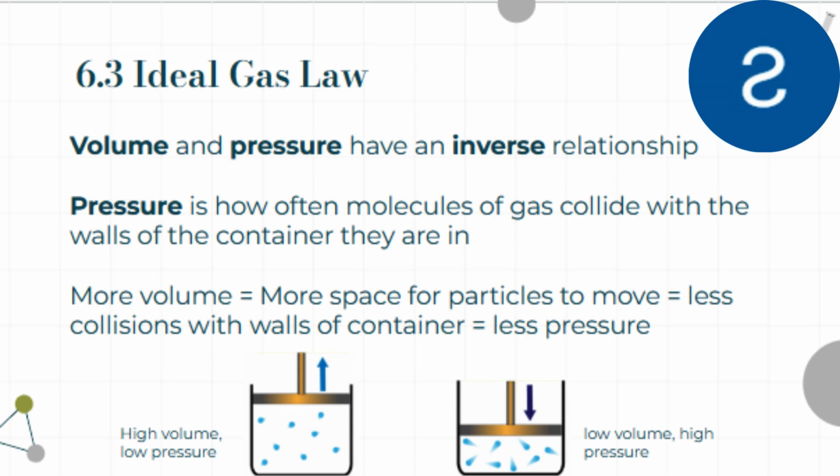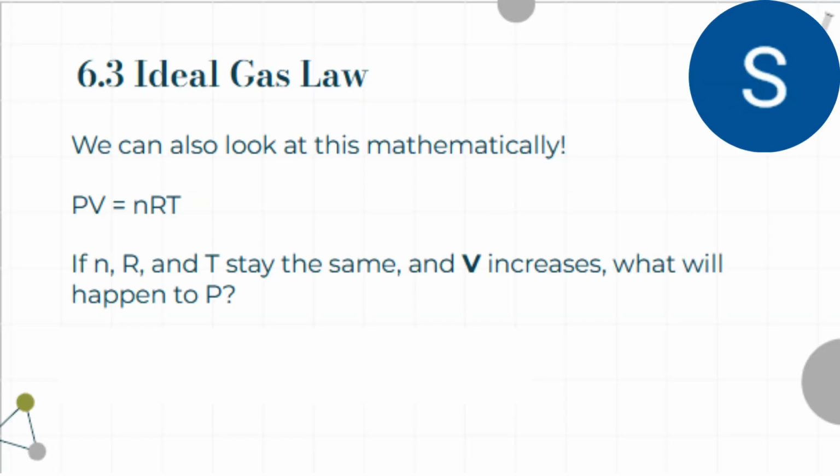If there is more volume in a container, that means there is more space for the particles to move, which then means there's less chances of the gas particles colliding with the walls of the container, which means the pressure is decreased. We can also look at this mathematically. If N, R, and T stay the same in the ideal gas law equation and only V increases, what do you think will happen to P? P will decrease.